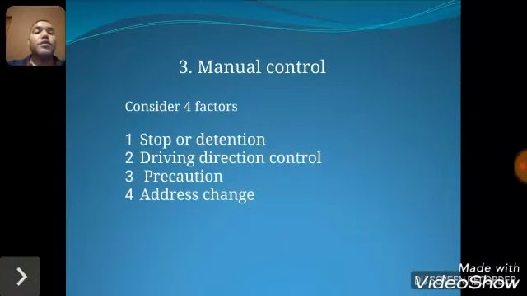Number 3. Manual control. Consider 4 factors. Number 1. Stop or rotation. Number 2. Direction control. Number 3. Precaution. Number 4. Change of direction. 1.